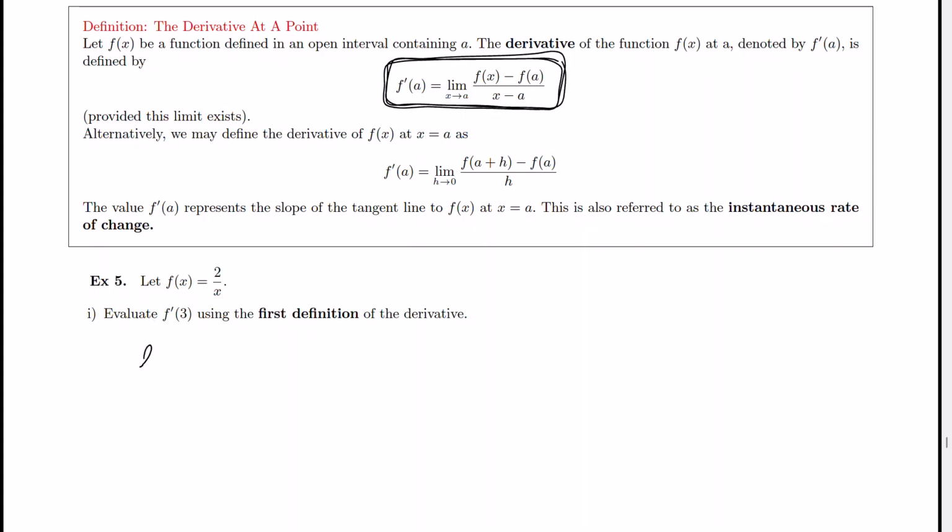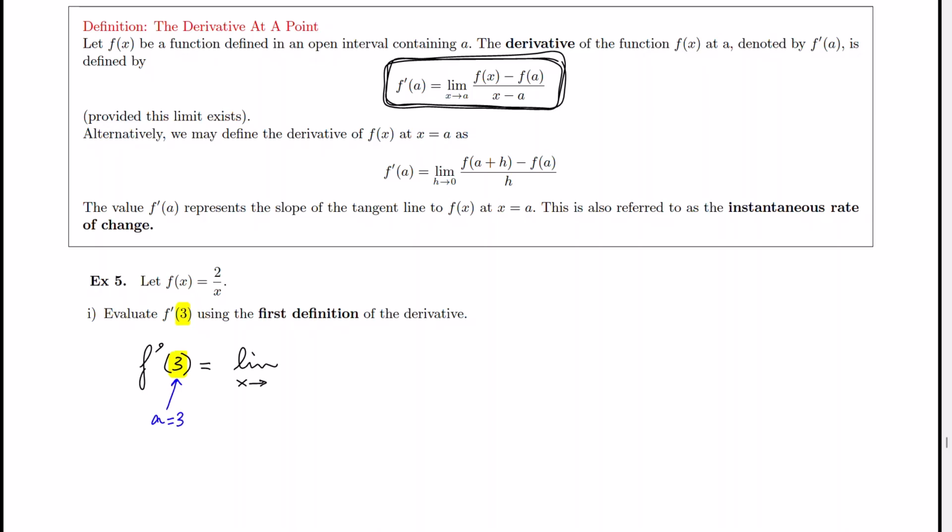Okay, so first of all, f prime of 3. I'm being told in the formula that I'm supposed to put the limit as x approaches a. So what exactly is a in my problem? Because I'm seeing 3 inside the parentheses, that means a is going to be 3 for us.